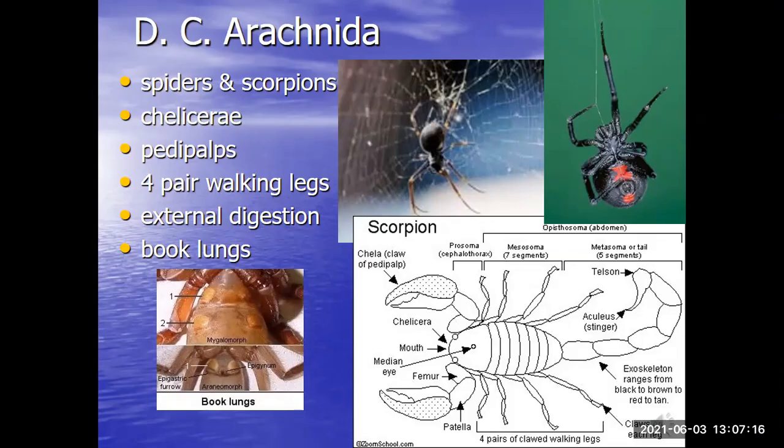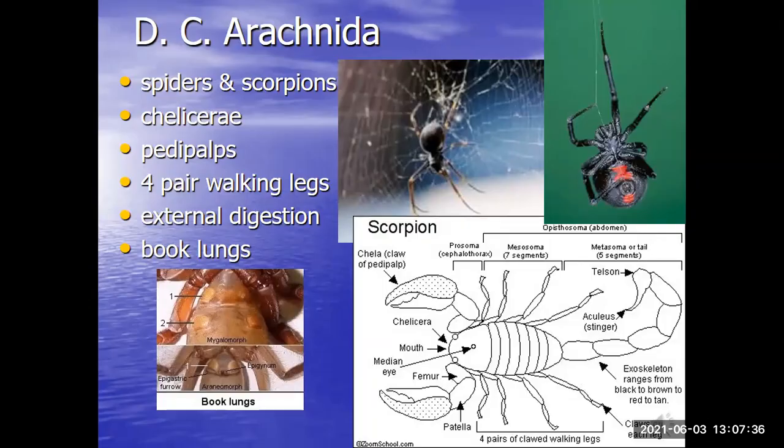Spiders have external digestion, and that makes sense when you think about what you already know about a spider. If you have an orb weaver that has a big web, and a fly gets caught in the web, then it struggles and it tires out, and it stops. And then the spider comes over and wraps it up.